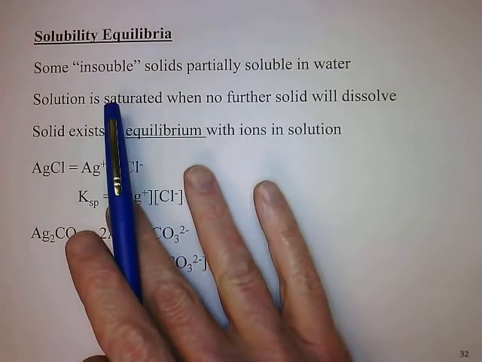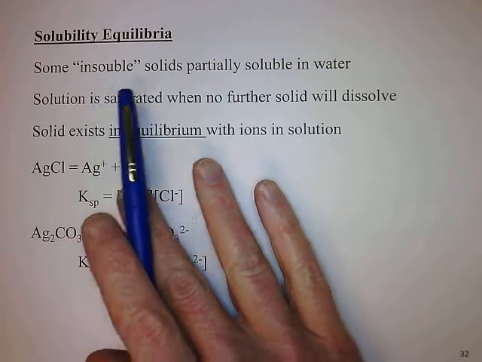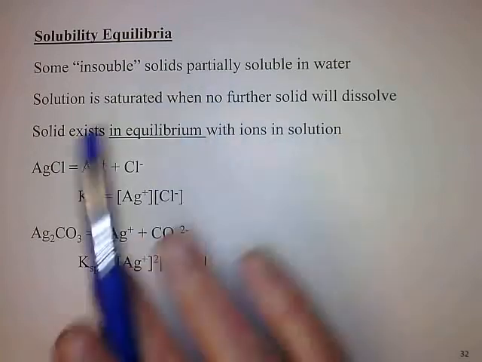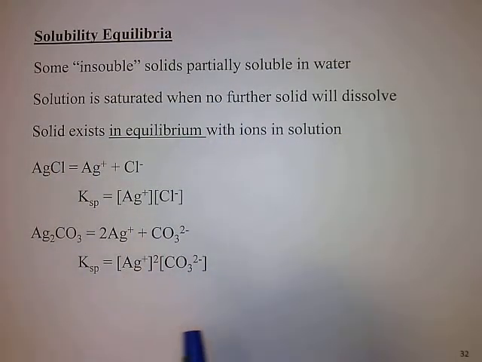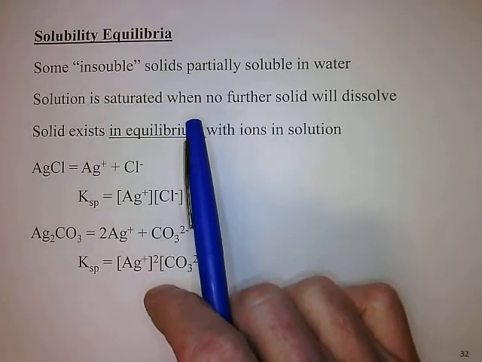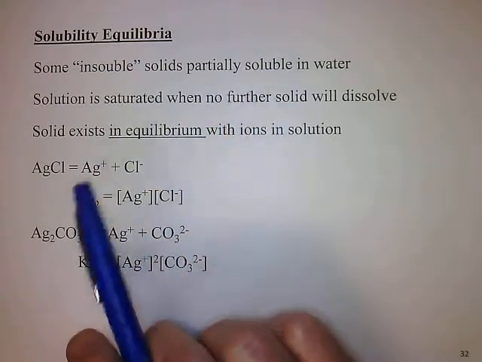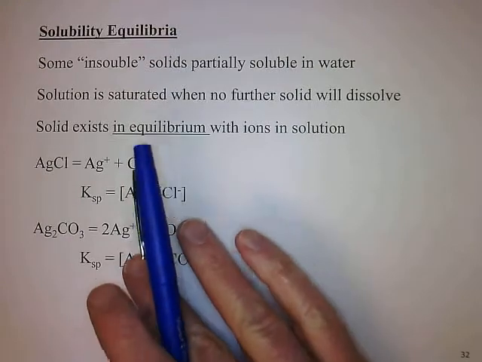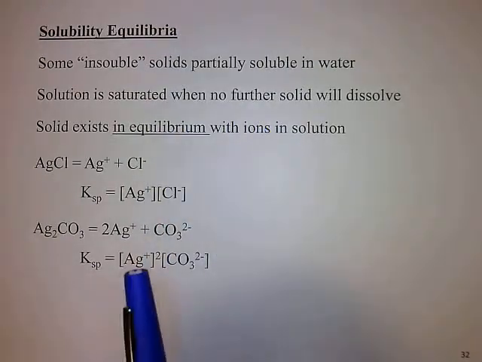A lot of these insoluble compounds are really what we call partially soluble. In other words, they dissolve, but only to a very small extent. Okay? So a solution is said to be saturated when no further solid will dissolve.